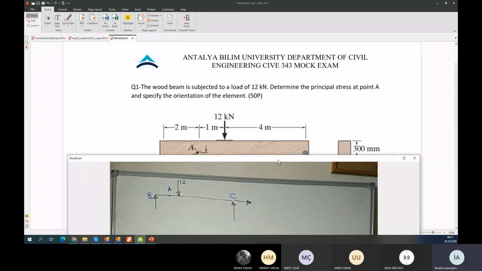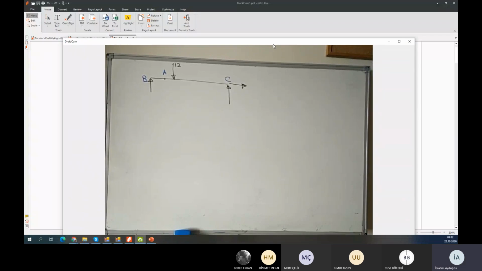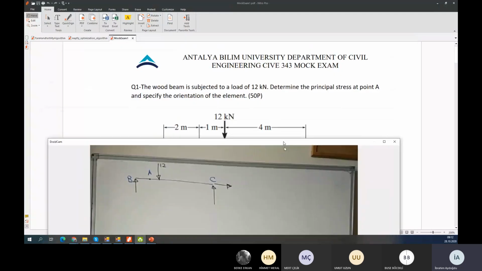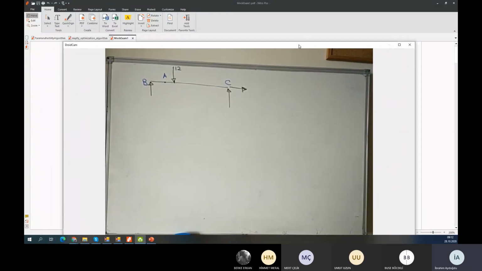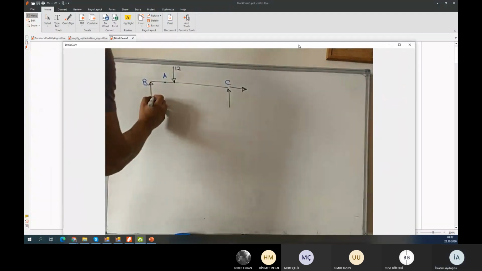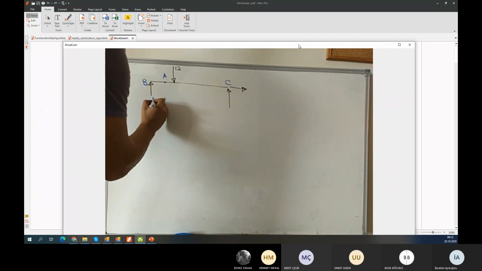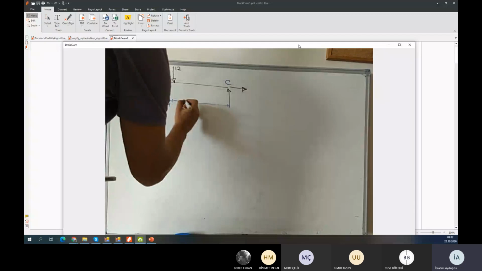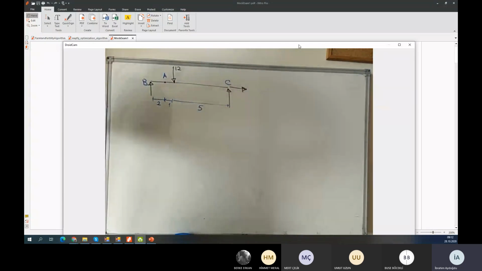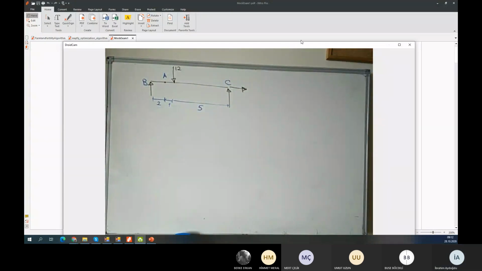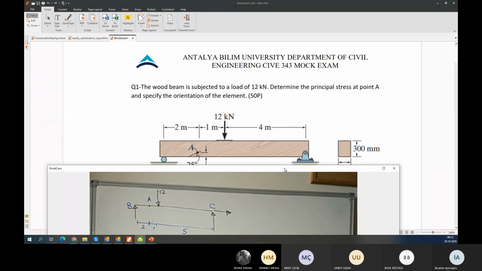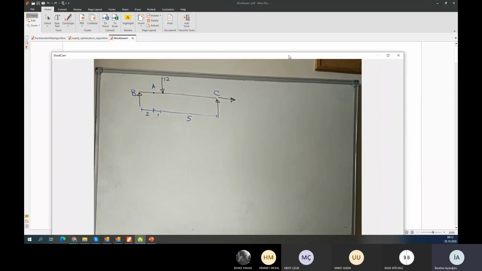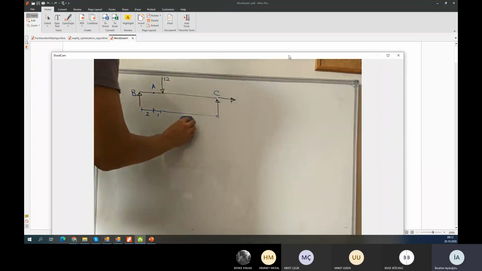Okay, so I can pass to the question. Position A is needed in the question, which means how many meters? 2 meters. Okay. This length is 2 meters. This is 1 meter. This part is, I think, 5 meters. Let me check. No, 4 meters. Sorry, so the total length is 7.